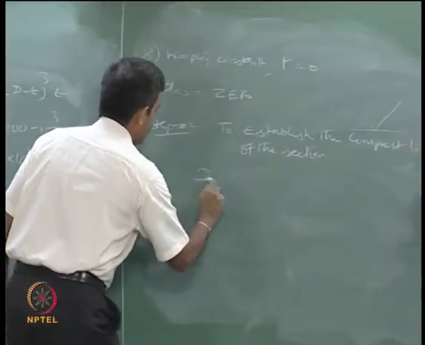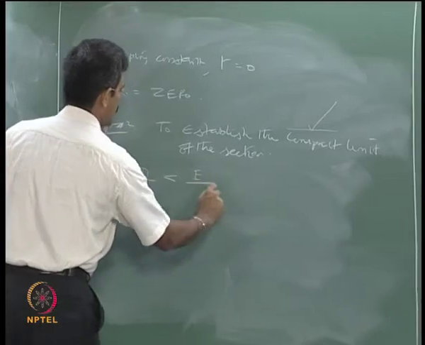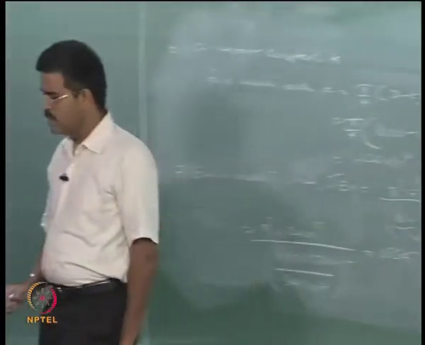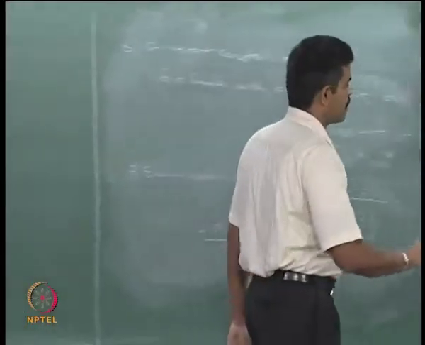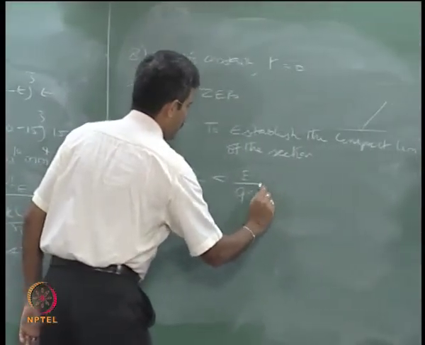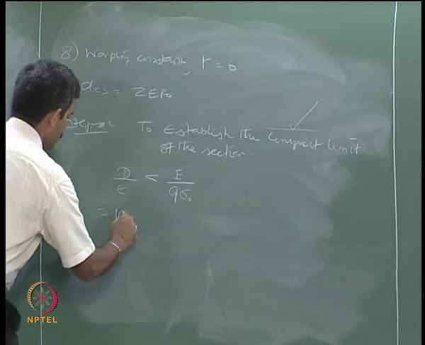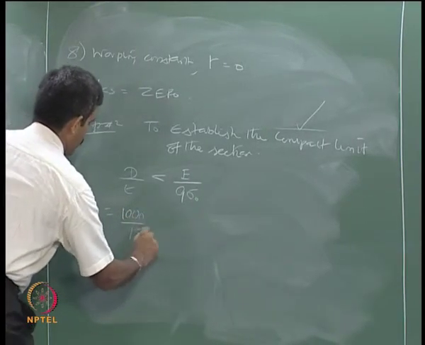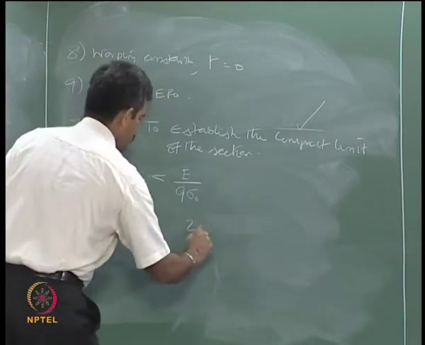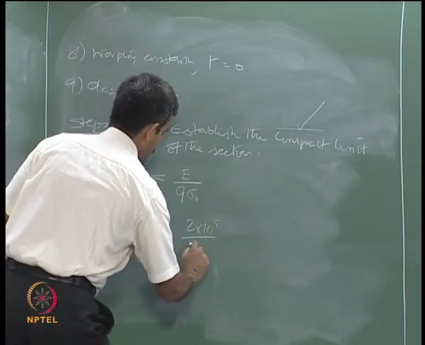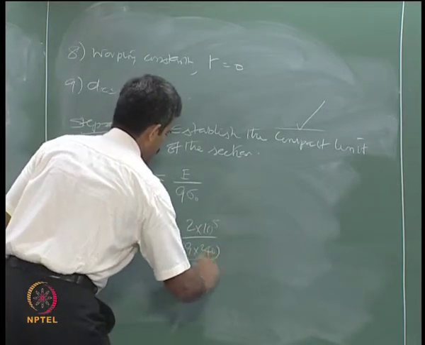So, d by t, if it is less than E by 9 sigma naught, then I can say the section is remaining compact. In my case it is 1000 by 15 and the value is 2 10 power 5 by 9 of 240.